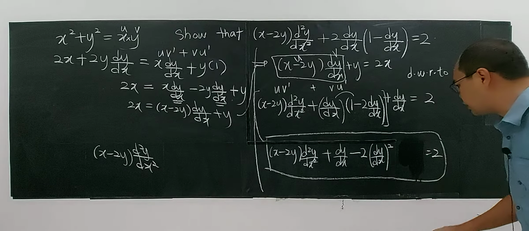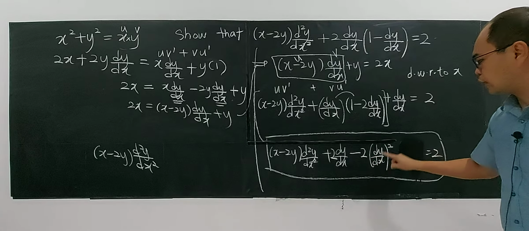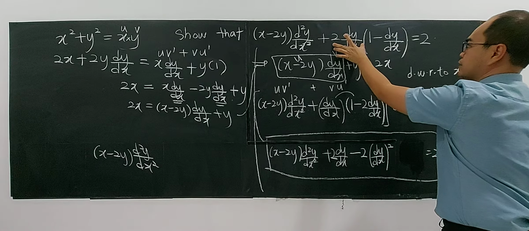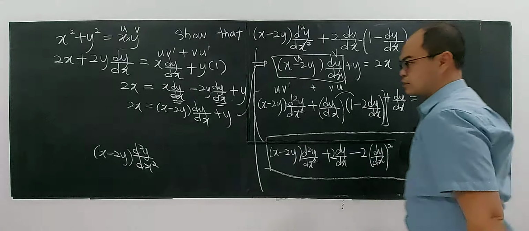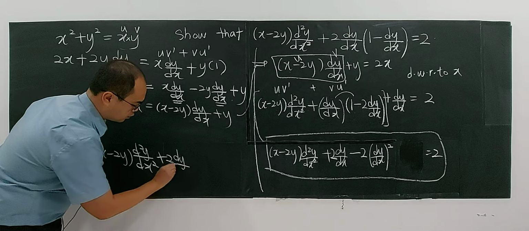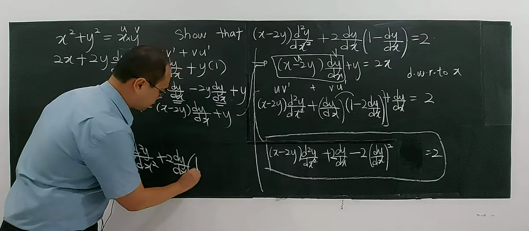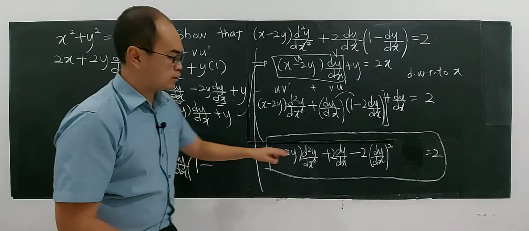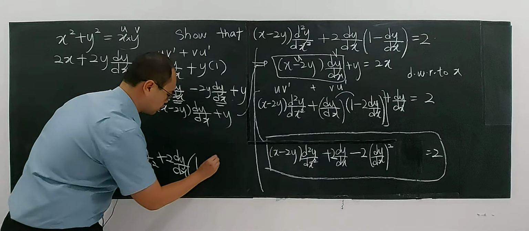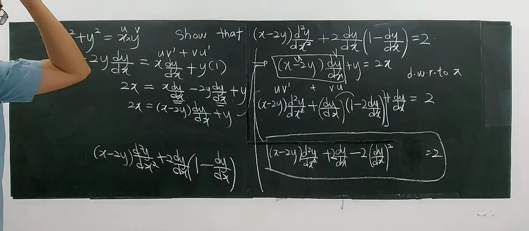I combine this dy/dx with this dy/dx, I will have 2 dy/dx minus 2 (dy/dx) squared. From here you can see that you are factorizing the 2 dy/dx. So you get positive 2 dy/dx. As you factorize 2 dy/dx, in the bracket you remain with 1, and minus, because of the degree of 2, you still have 1 more dy/dx to the power of 1.